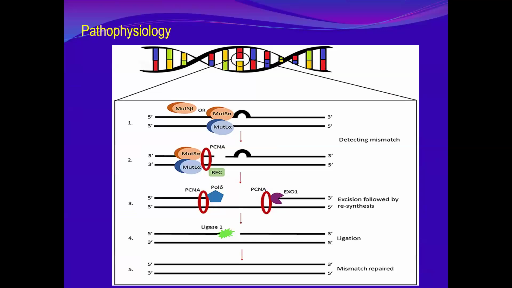Okay, what about the pathophysiology of Lynch syndrome? During the course of life, as you know, there is cell division in our bodies. And there are many factors, environmental, diet, and so on, affecting the gene, the DNA, resulting in some mutations, like radiation, ultraviolet radiation, smoking, alcohol, some diets, and so forth.